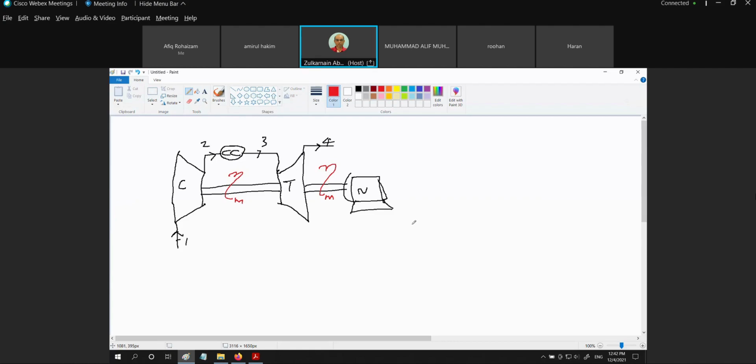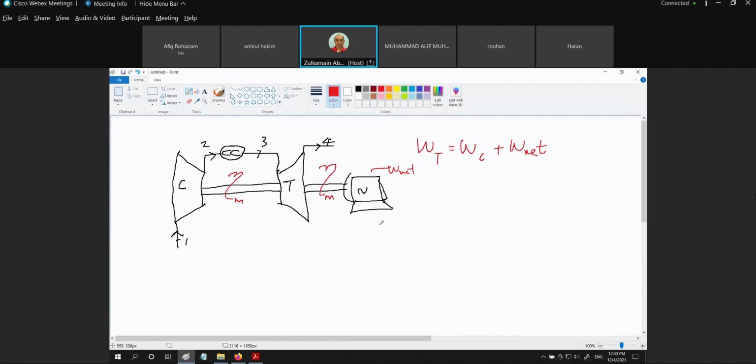So if we write the work of the turbine and the work for both driven by the turbine, the W turbine is equal to the W for the compressor plus the W net, which is the electrical generator. So this is W net.